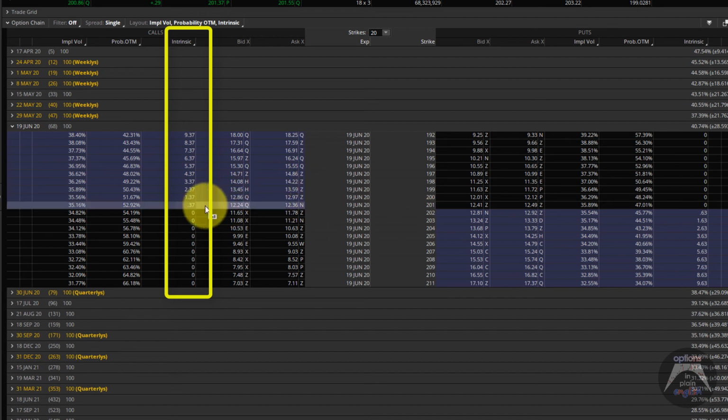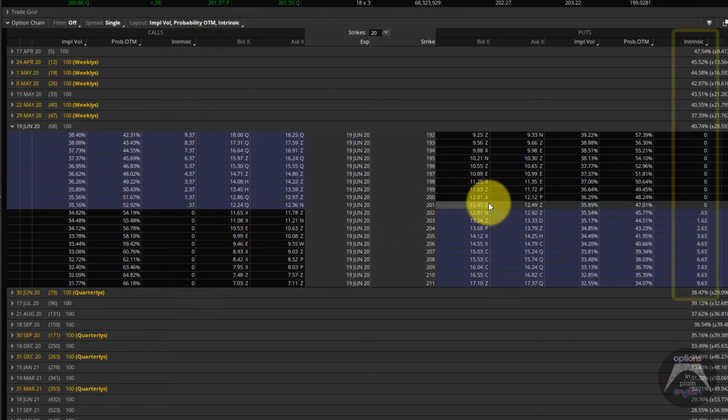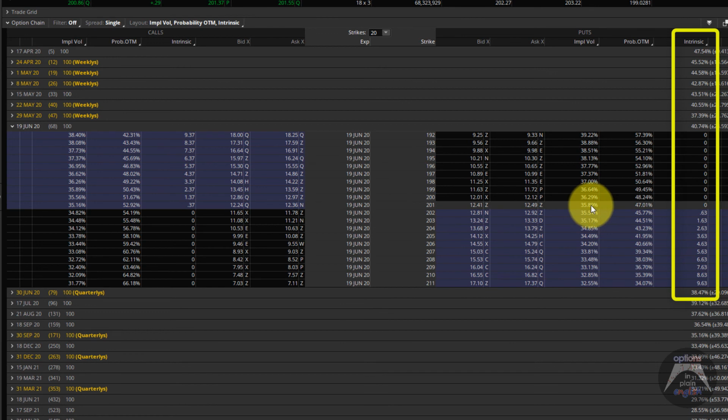So you can see that in this column, anything that's above 201 for calls has a value of 0. Likewise, for puts, anything less than 201 also has an intrinsic value of 0. So this is how we know that those are out of the money puts and out of the money calls.